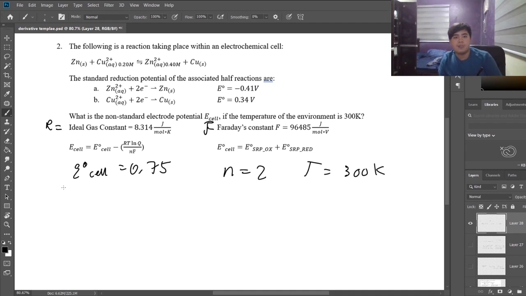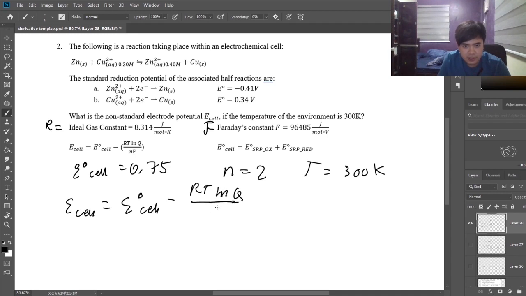Alright. So we just calculate E cell right now. E standard cell minus RT ln Q over nF. But wait, what's Q? Q is basically this.